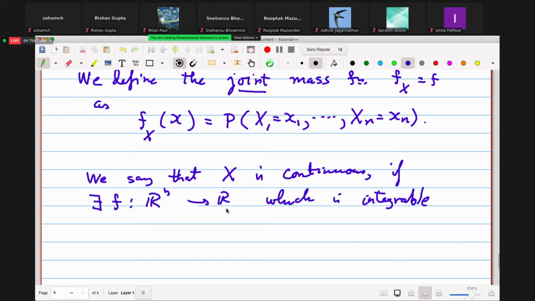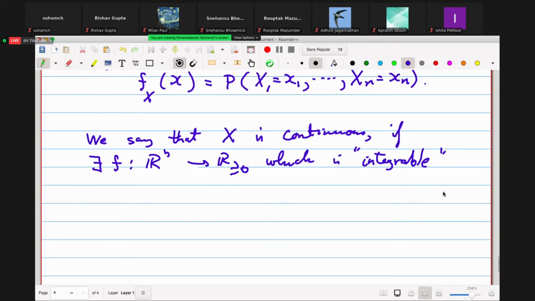Here it takes actually non-negative values. Let's just put that integrable. I put it within quotes. It just simply means that you can integrate it over any reasonable set.